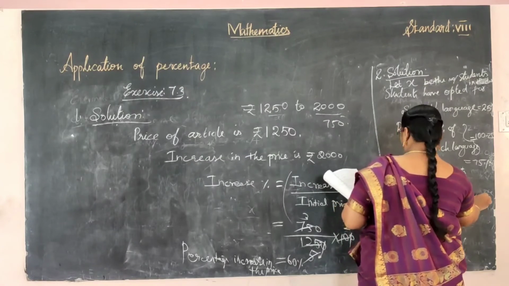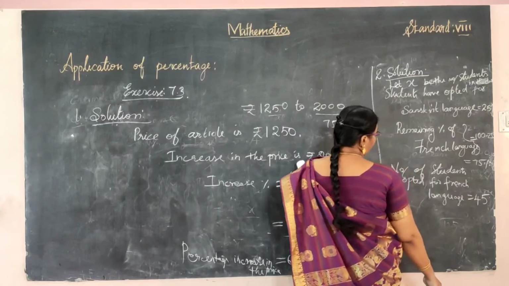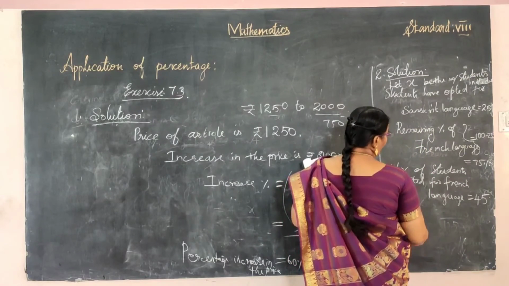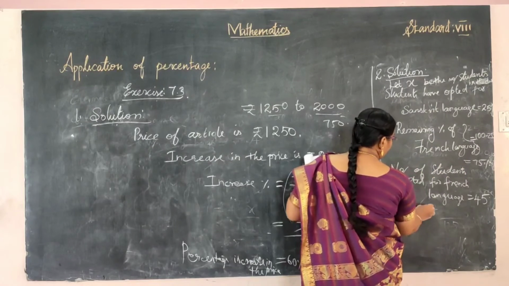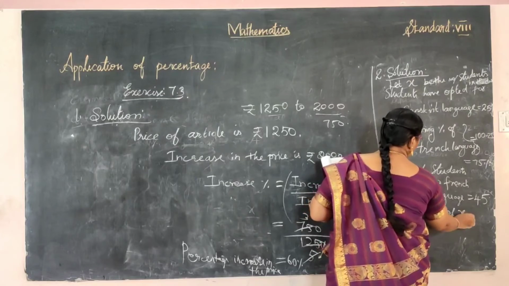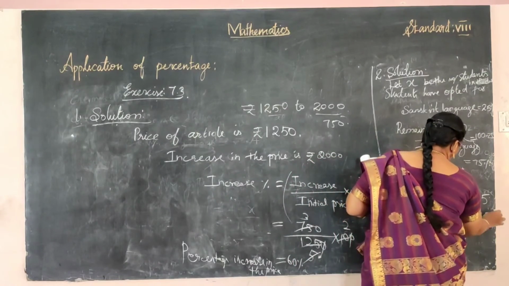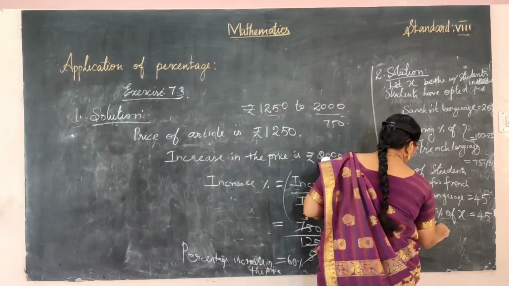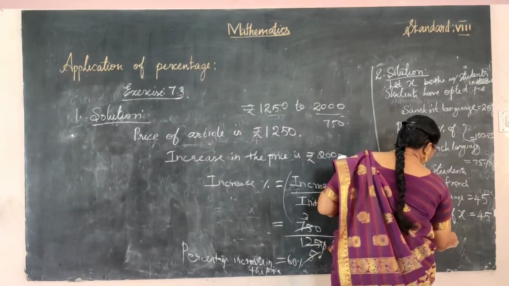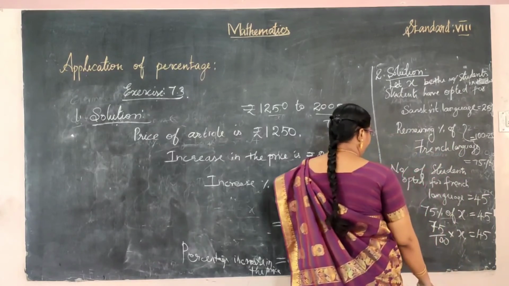is equal to 45. So how many percentage of students opt for the French language? 75% of the whole in a class is equal to 45. So 75 by 100 into x is equal to 45.